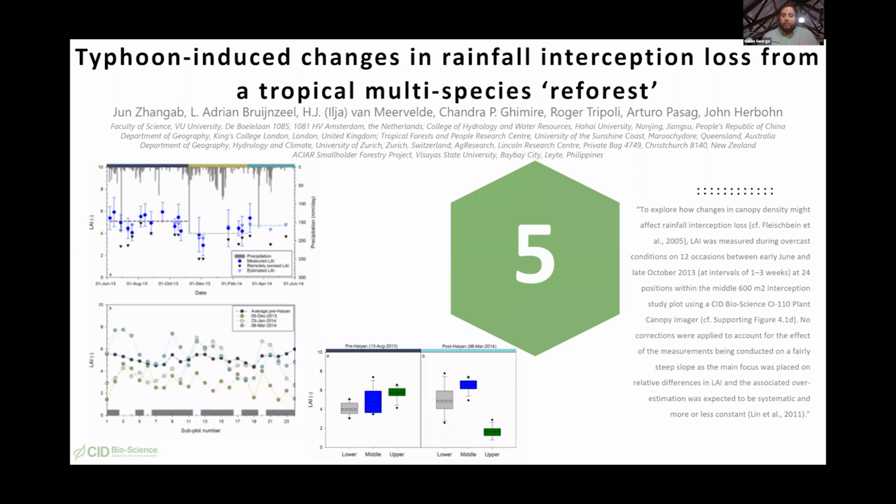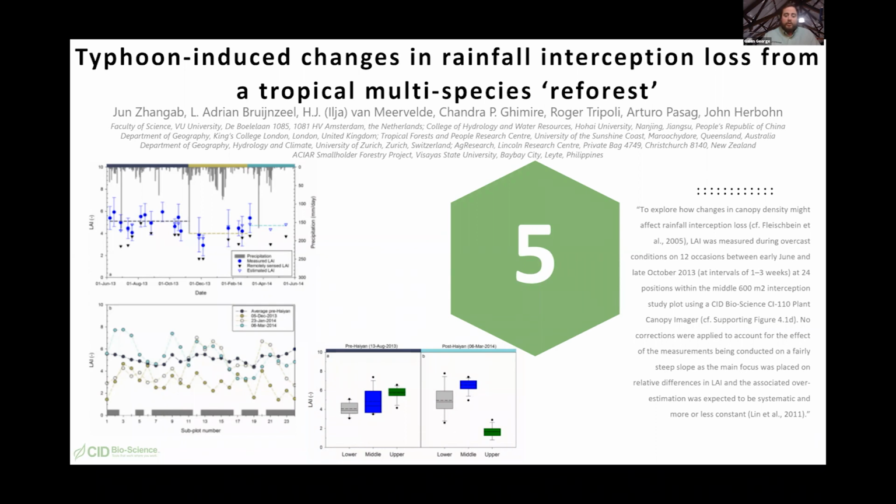Actually, it was more of a hydrology experiment. But then it transformed into looking at how this typhoon influenced all those conditions, and how it is influencing the rainfall being accumulated into streams, because a lot of these forest canopies, after the typhoon had hit, had a lower LAI. They had been partially destroyed.